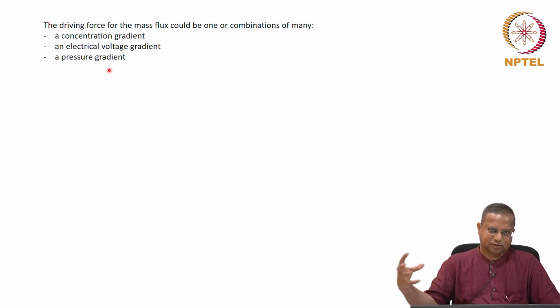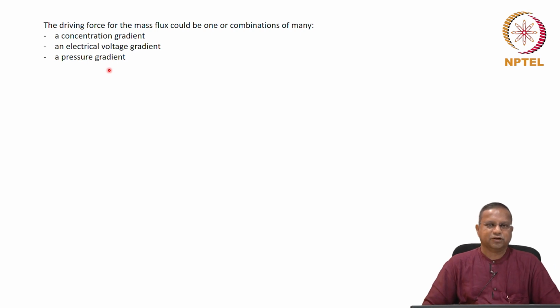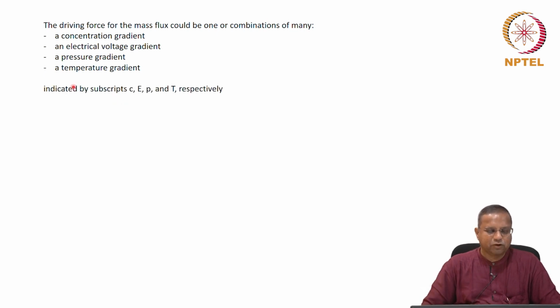A pressure gradient results in convection, bulk flow, that causes mass flux significantly. A temperature gradient, as in the case of free convection, could as well. We are going to represent concentration aspects by a C, electrical aspects by an E, pressure aspects by a P, and temperature aspects by a T.